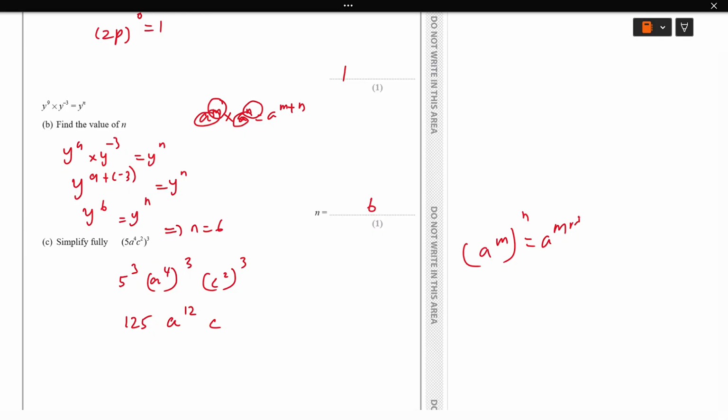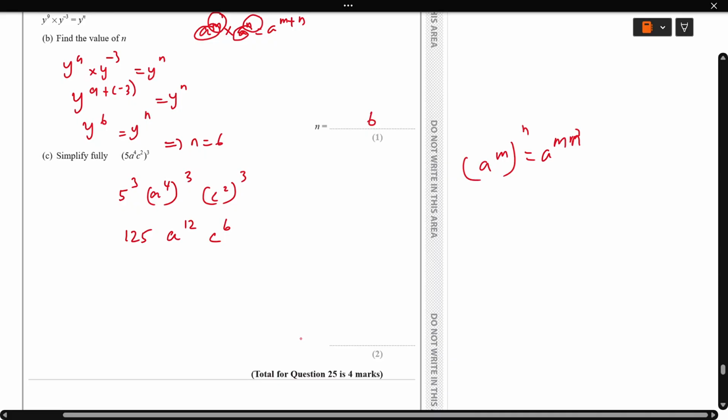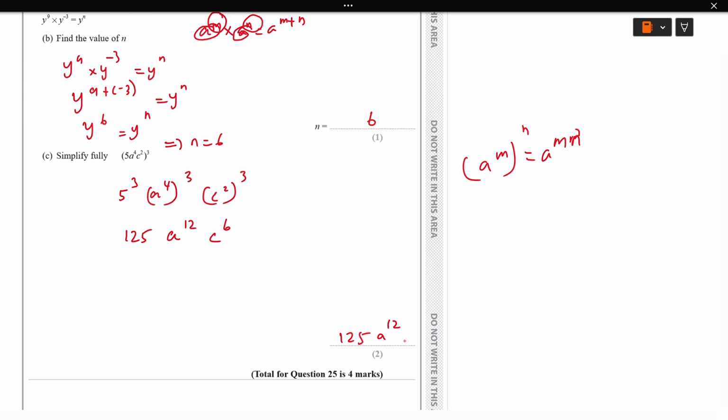If it's a power of a power, we can multiply. So a power 12 and c power 6, that's the answer. 125 a power 12 and c power 6.